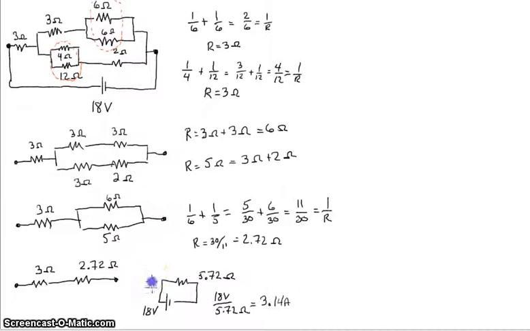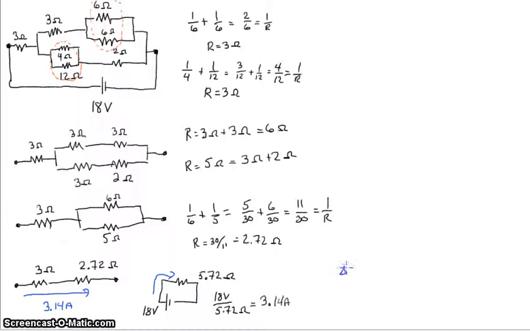Okay, so the 3.14 amps is going to travel through the 5.72 ohm resistor, which means it's also going to travel through the 3 ohm resistor and the 2.72 ohm resistor. If we look at this, we can figure out the voltage because we know the current and the resistance.